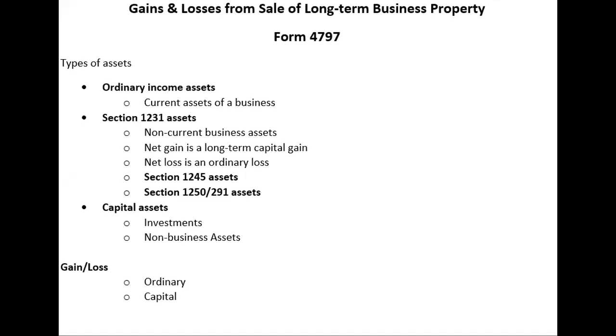So, first one is the ordinary income assets. Ordinary income assets are the current assets of a business.